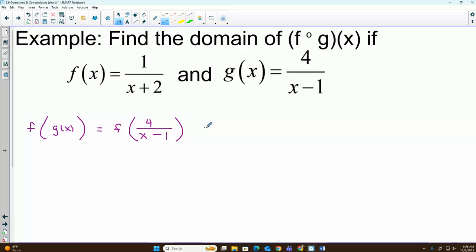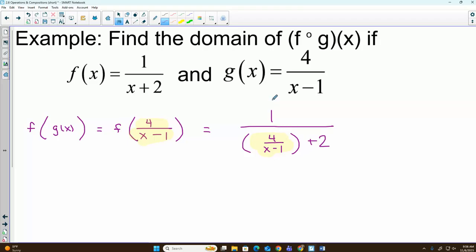All right, so let's plug that into f. So f is 1 over the thing we're putting in plus 2. And so the thing I'm putting in is that 4 over x minus 1. All right. From here, is that good notation to leave a fraction in a fraction?